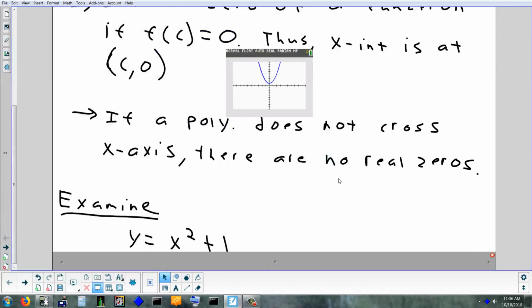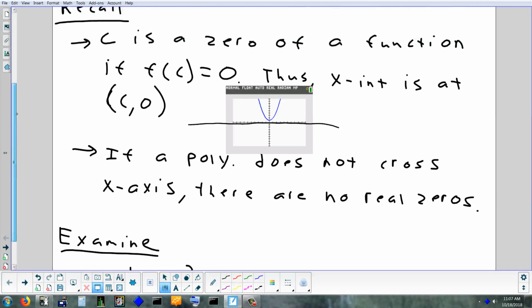Where does that graph cross the x-axis? Well, not the y-axis. I agree, it does cross the y-axis at 1. But as far as this axis, it doesn't.